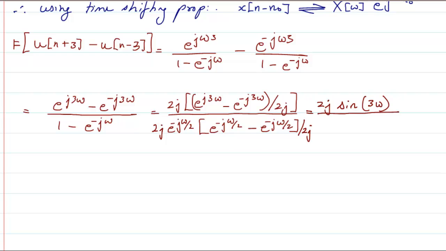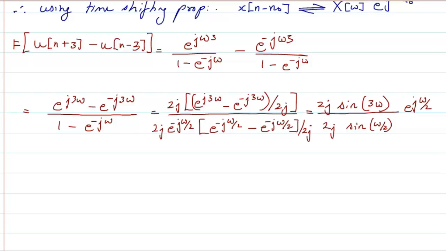So this will also become a sine, so it will become sine omega by 2. And here the 2j e raised to power term will be coming, so I will write 2j here. And the e raised to power j omega by 2 term, if I take it to the numerator, it will become e raised to power j omega by 2.